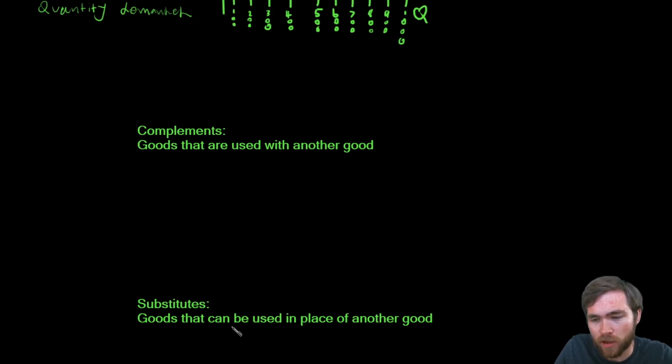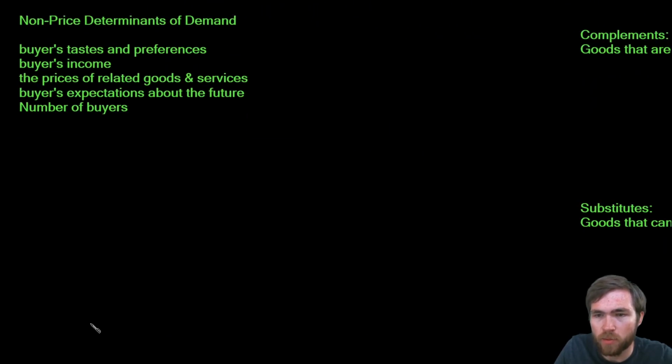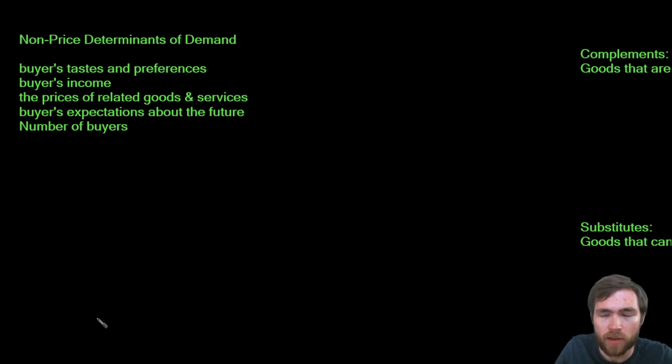And just like supply, there are certain non-price determinants of demand. So for instance, buyers' tastes and preferences could change, like in the previous example I just mentioned. Buyers' income could also change. Prices of related goods and services could change. Expectations about the future, and number of buyers. So let's do a couple of examples of these just like we did in the previous one.